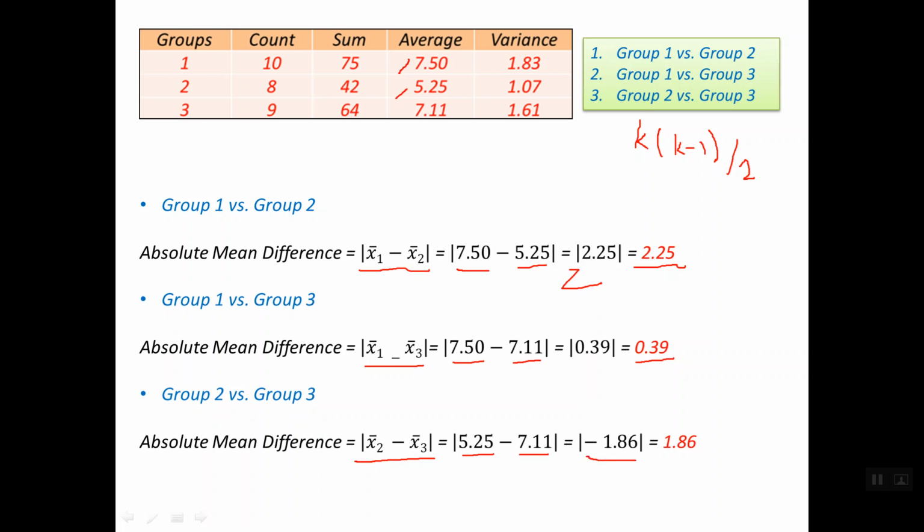So the result is the absolute value of minus 1.86, which is positive 1.86. So this is the first step in order to conclude the significance or non-significance between the group means.